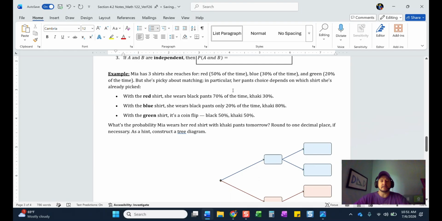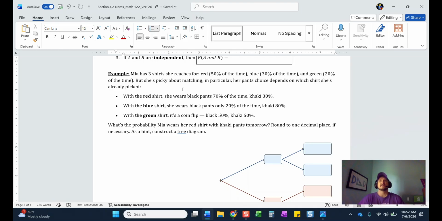So I then had Claude add a layer of complexity to the t-shirt and pants example. I said, okay, can you create a scenario where we can use the general multiplication rule, still with Mia picking out a shirt and pants, but let's say that Mia is a fashionista and likes to color coordinate.